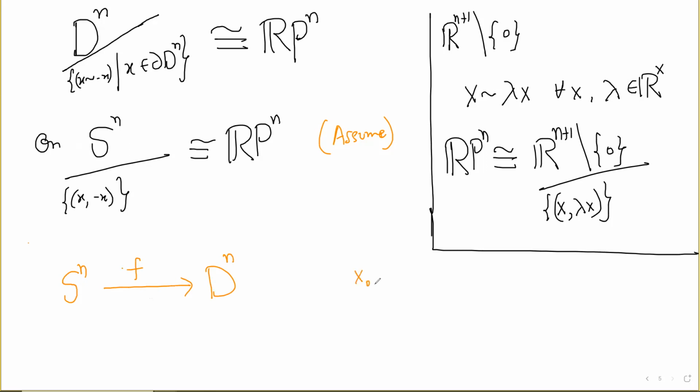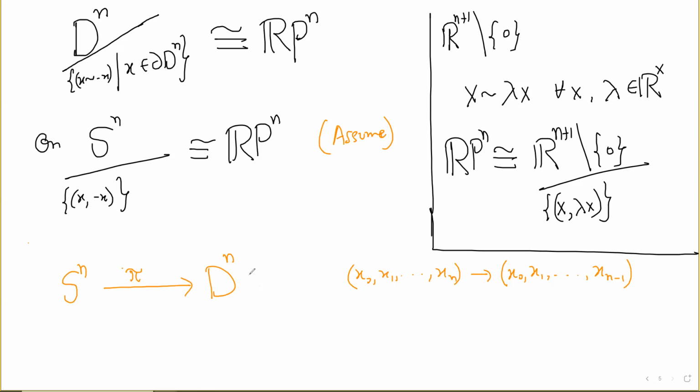So whenever we are writing these coordinates, we should write (x_0, ..., x_n) and send it to (t_1, ..., t_n). So I just forget the last coordinate. So maybe better to just write projection map.